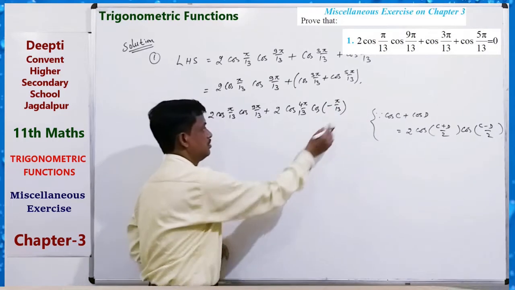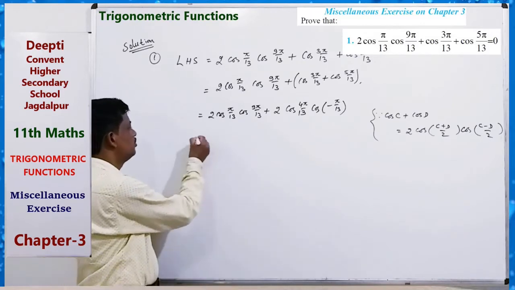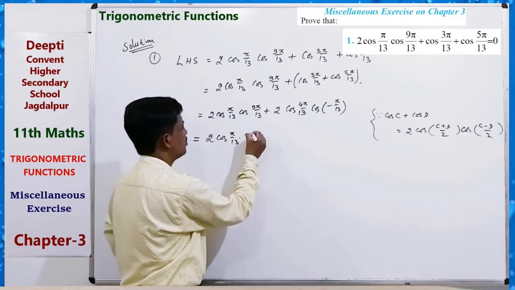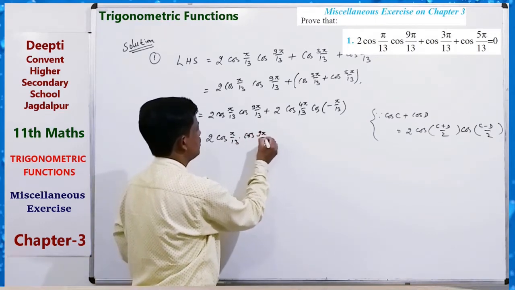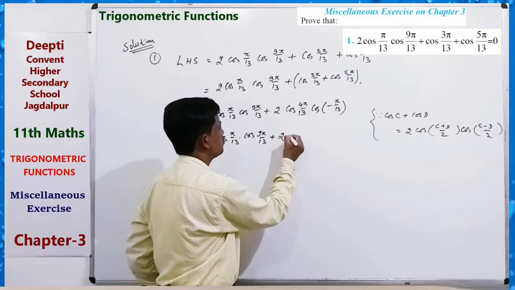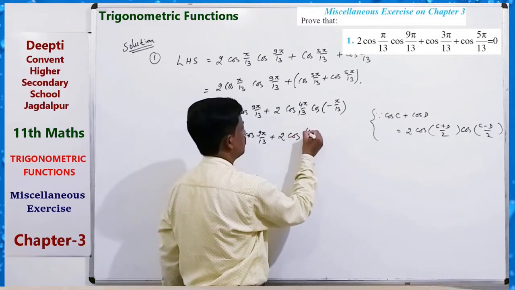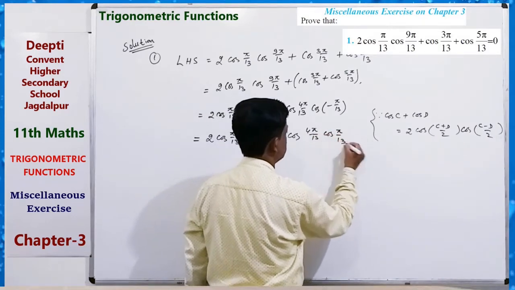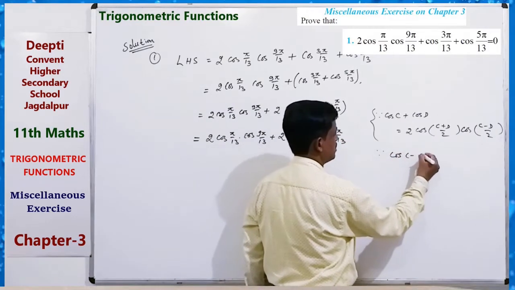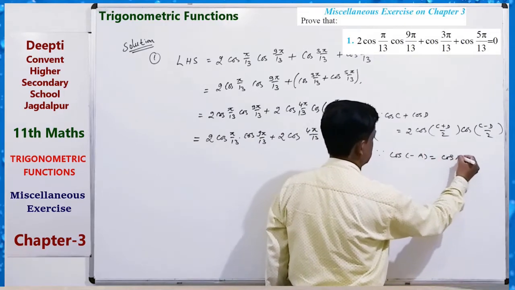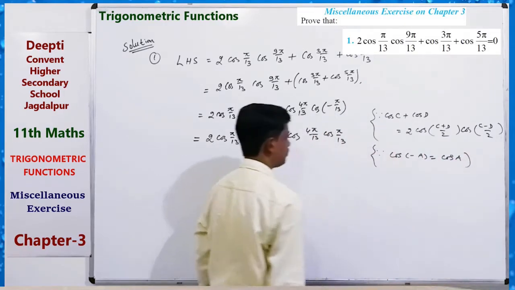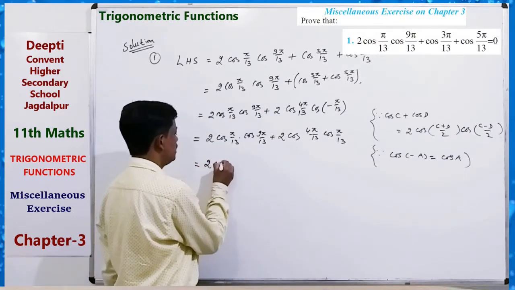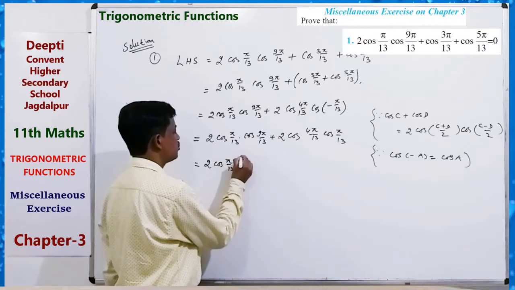Clear? Now we know 2 cos pi by 13 cos 9 pi by 13 plus 2 cos 4 pi by 13 cos pi by 13, since cos minus a equals cos a. Clear? This is the formula.